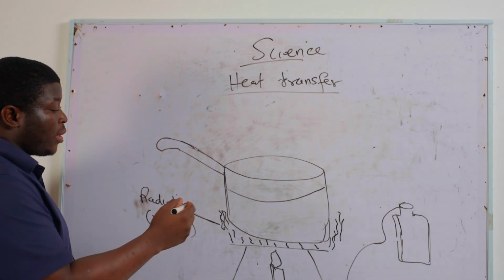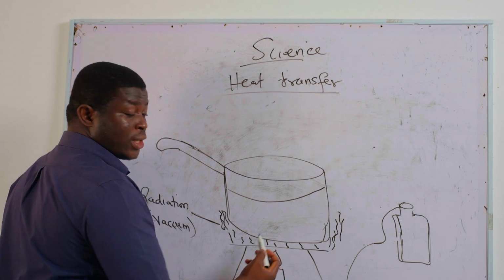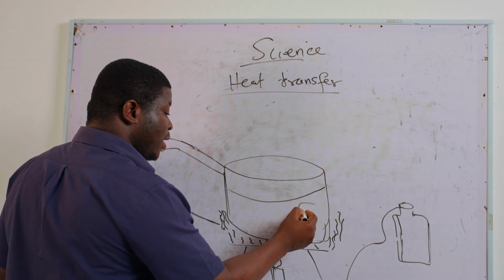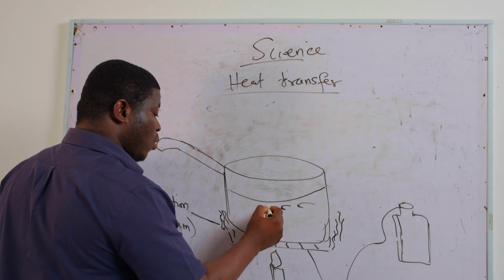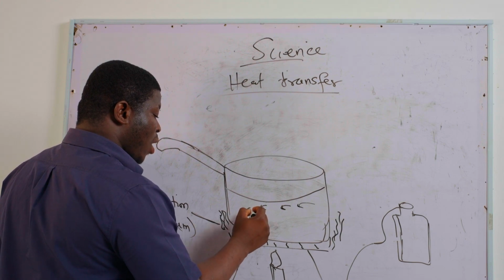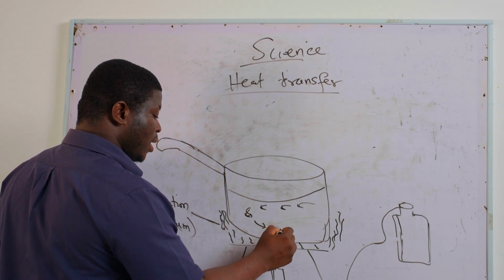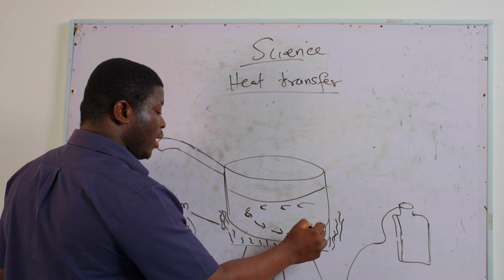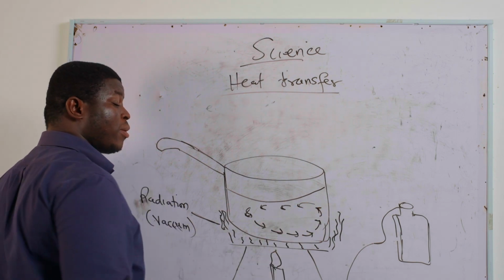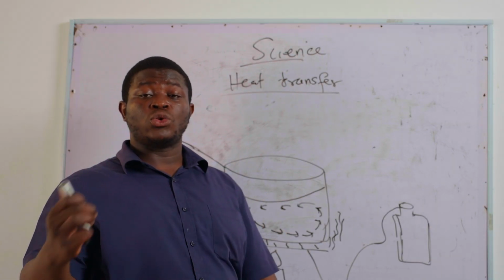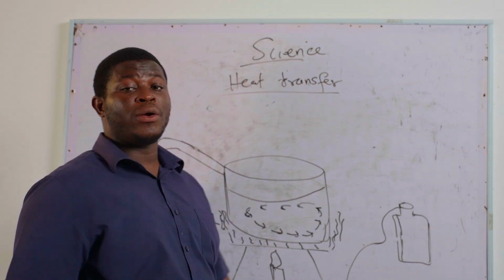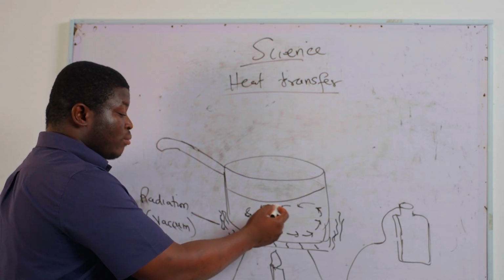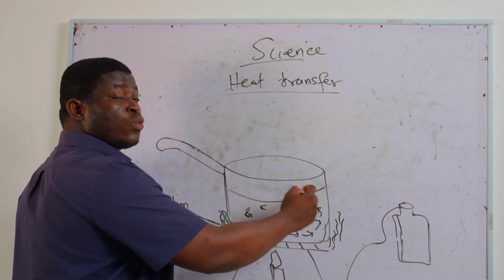Now, the heat moves from the container that's on fire into the water, or whatever you have in the container. Mostly in liquids, maybe the water that you want to boil, or the soup that you are preparing, the heat is able to transfer through the liquid.